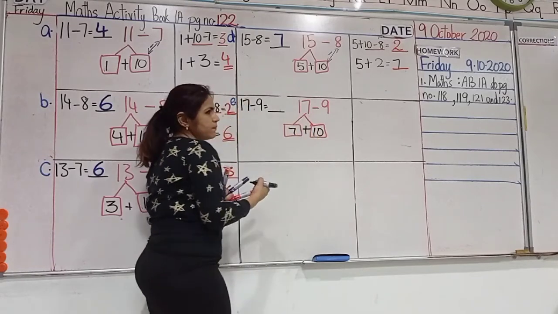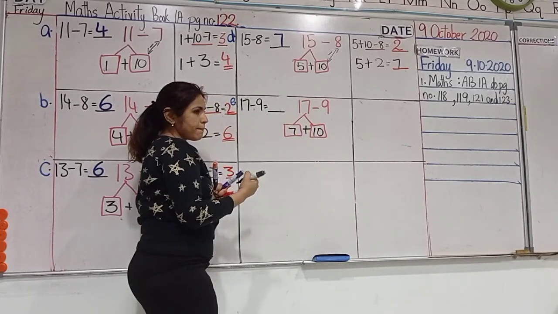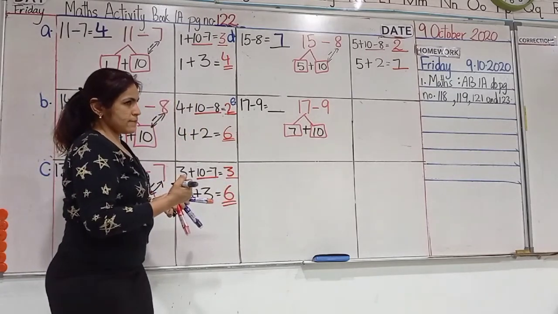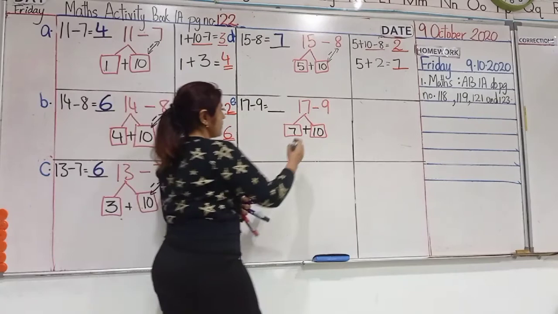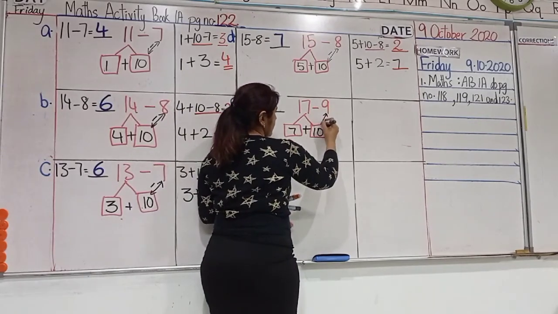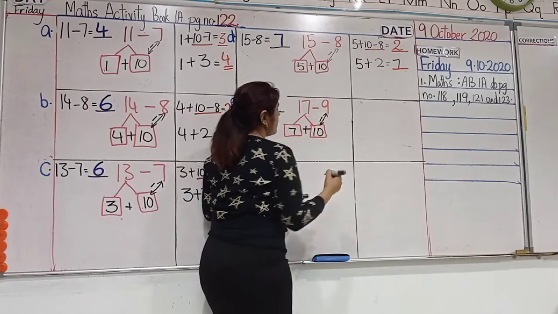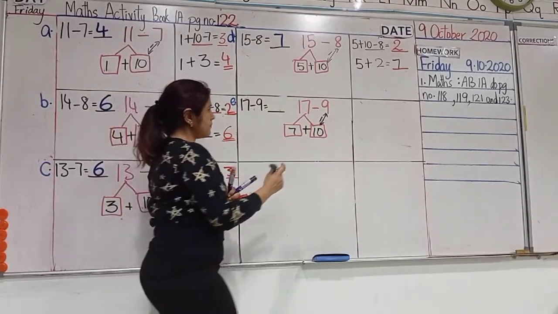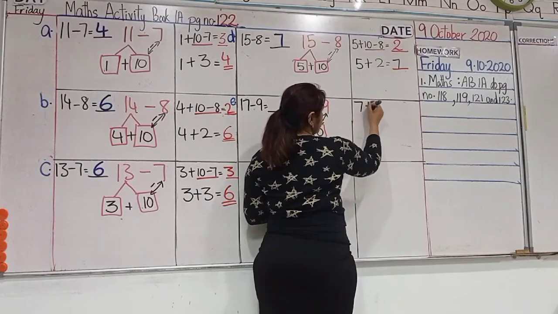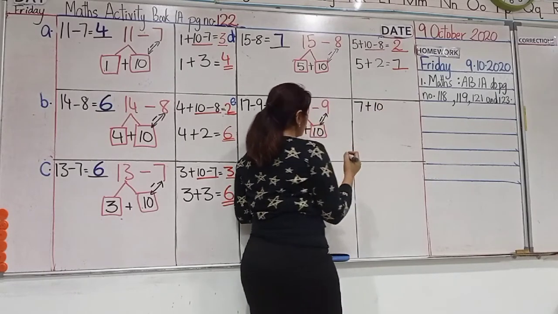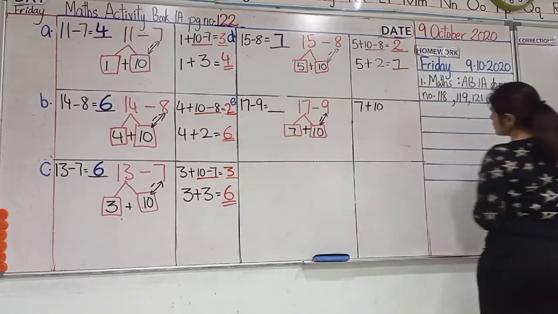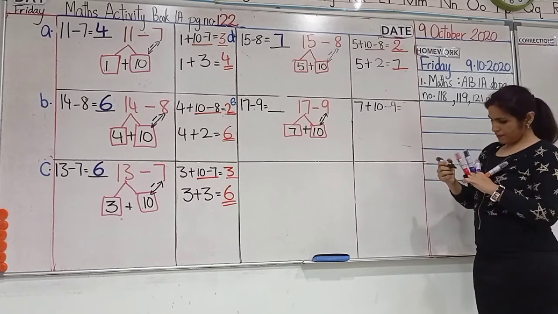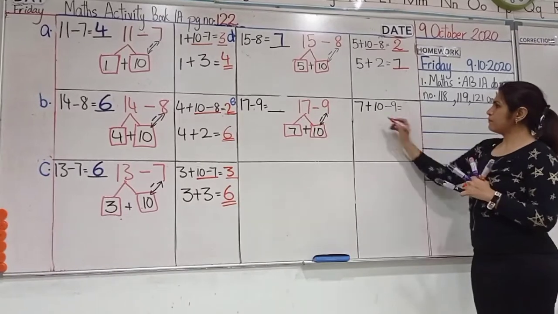Now next step. Draw an arrow pointing 10 to 9 like the minus sign. Okay. Next step. 7 plus 10 minus 9. Next step. Underline 10 minus 9. Next step.